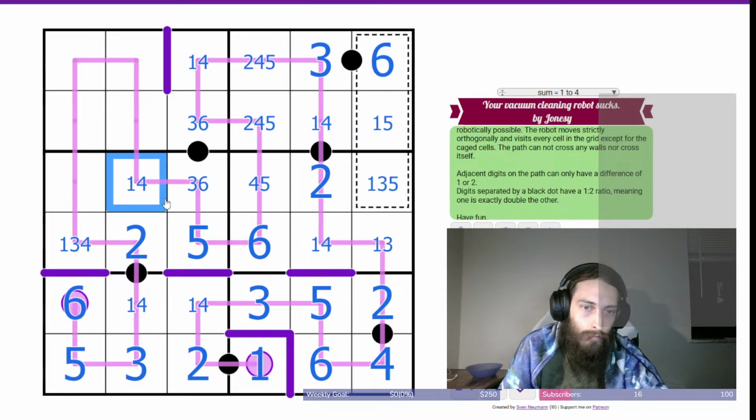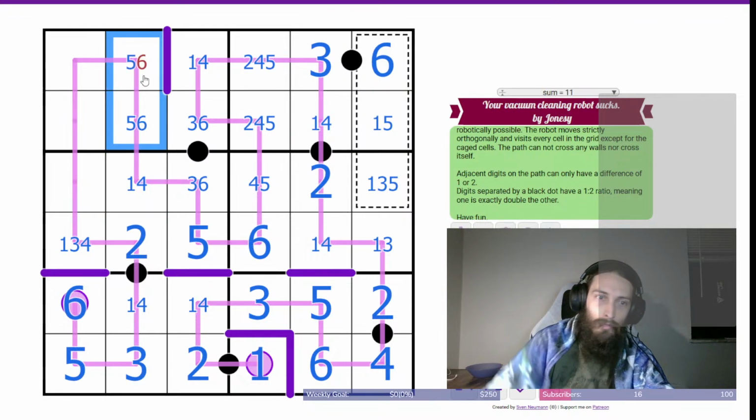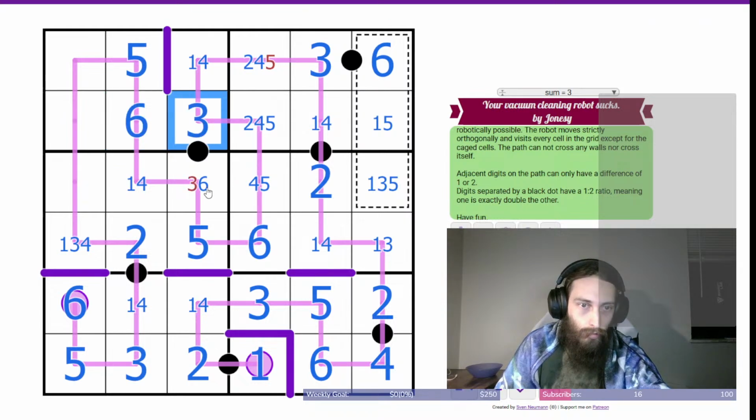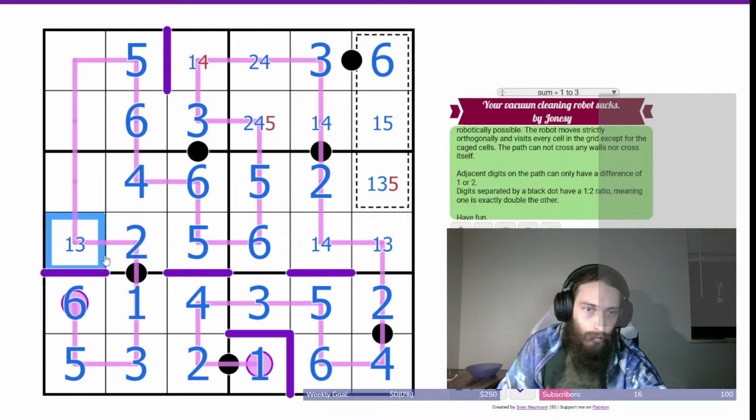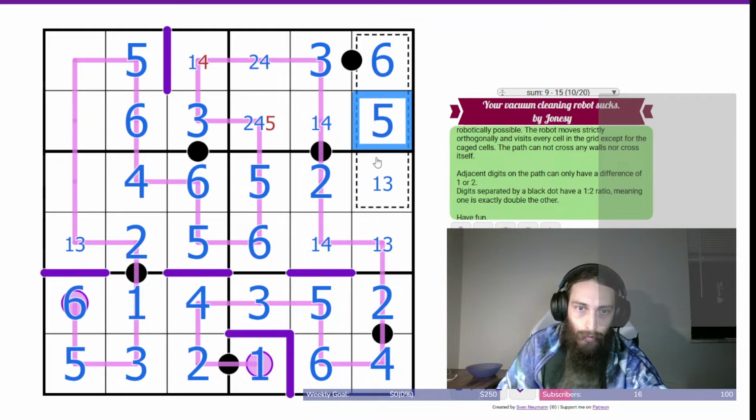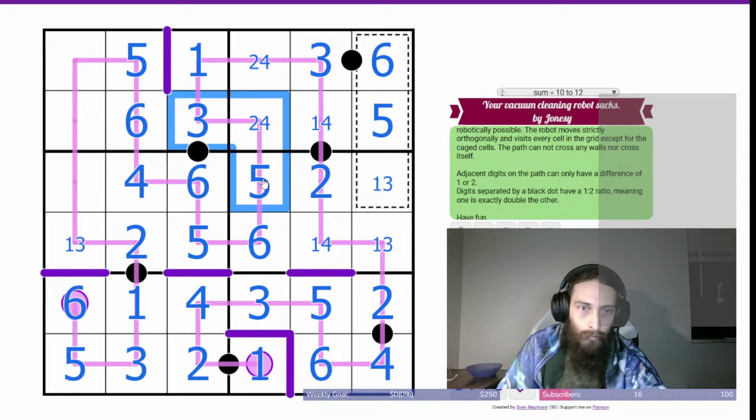So column 2 needs a 5-6. 5, 6, 3, 6. Not a 5. Between the 6s is a 4. 5, 1, 4. Not a 4, not a 5. 1, 3 pair places a 5. 1 goes to 2, can't go to 4.